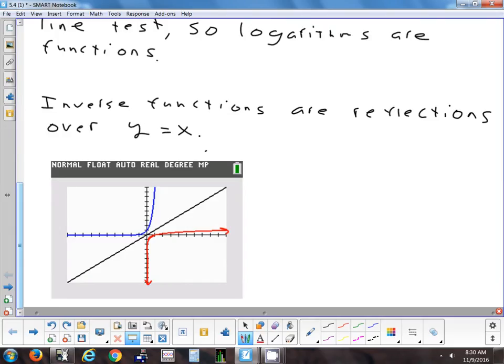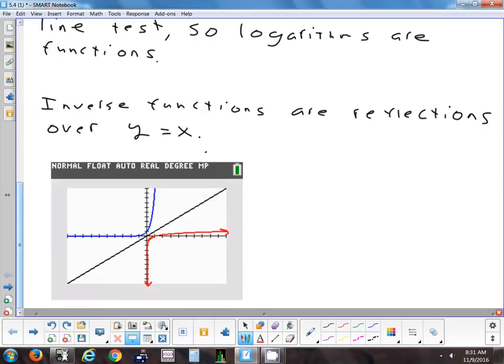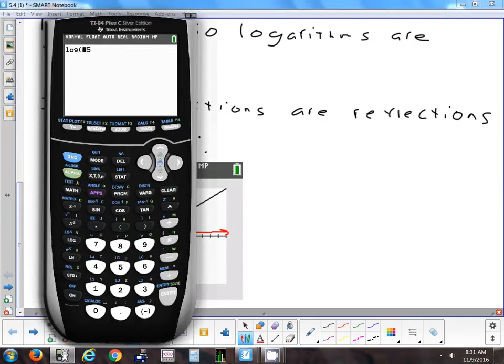It doesn't include negatives. You can't take the log of a negative number and get a real answer. You can do it and get an imaginary, but we're not getting into that today.